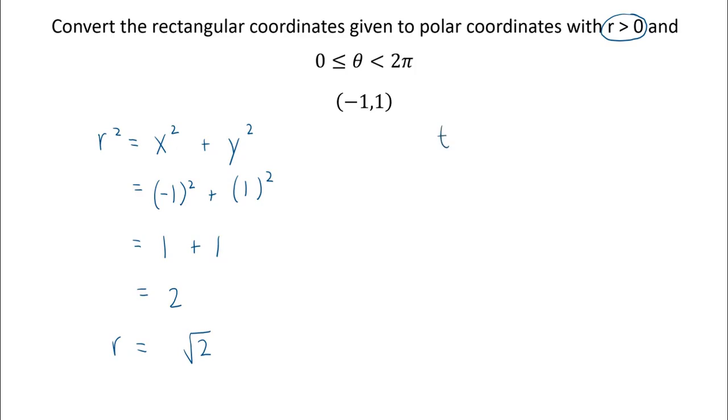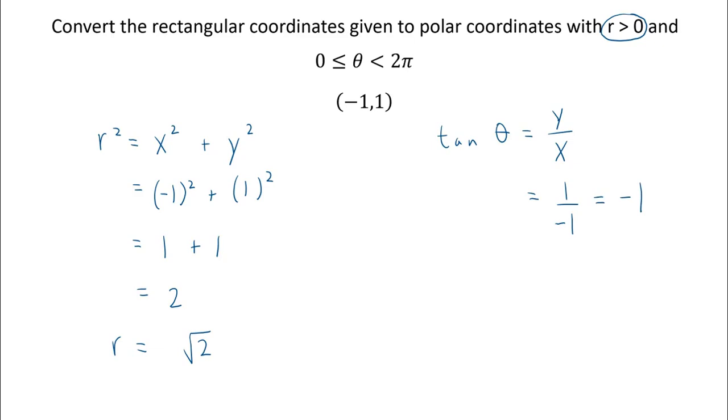To find theta, we can use tangent of theta is equal to y over x. So tangent of theta is equal to, y is 1, x is -1. So tangent of theta is equal to -1.